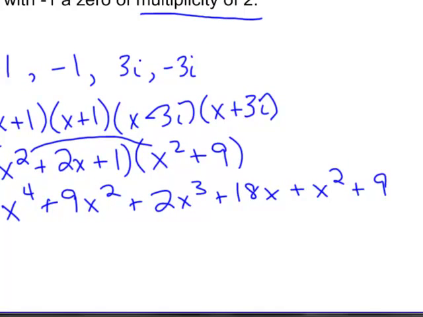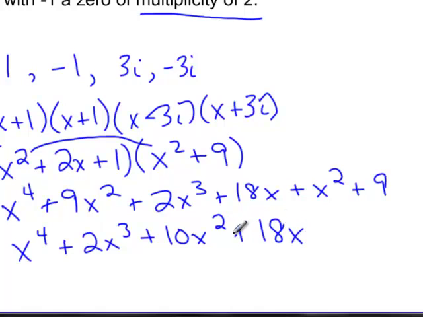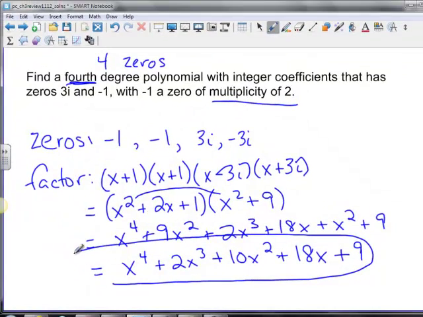Finish the problem by combining like terms, and I get x to the fourth plus 2x cubed plus 10x squared plus 18x plus 9. And that right there is my polynomial. I'll even call it p of x, with zeros of negative 1, multiplicity of 2, and 3i and negative 3i.